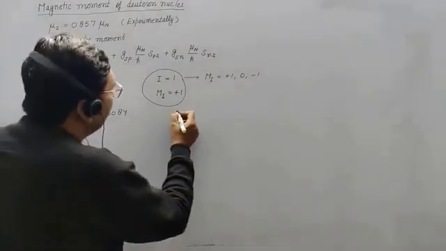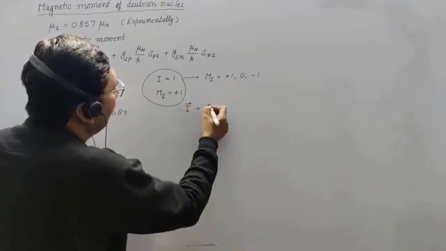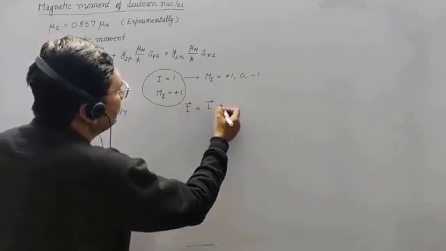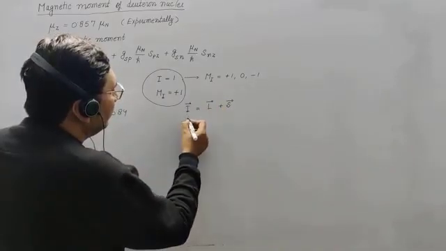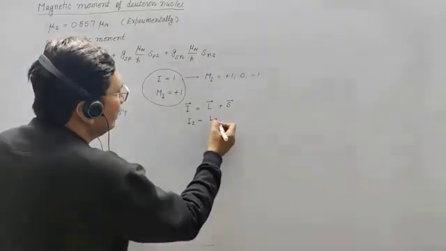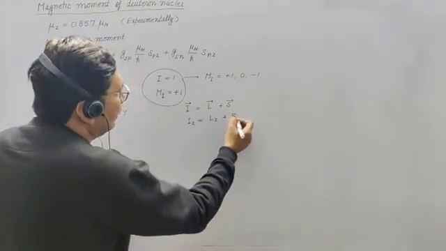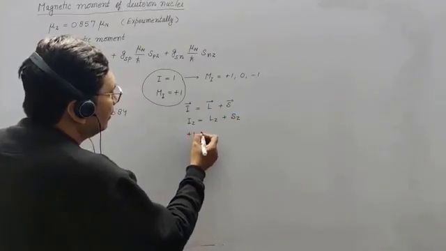Now you are aware that I is equal to L plus S. So if I take Iz, and here we take Lz plus Sz, the maximum value of this is +1.